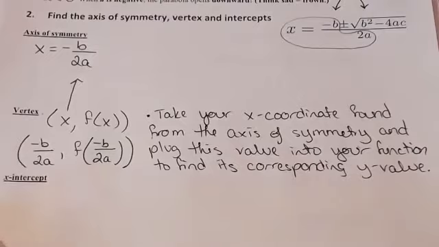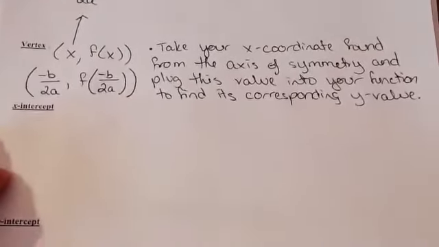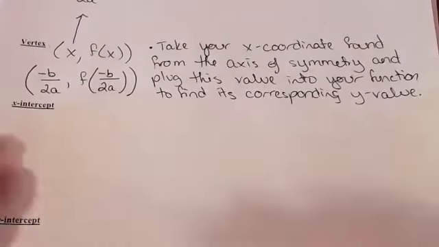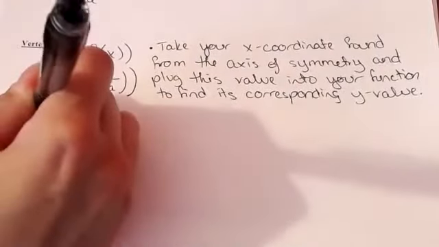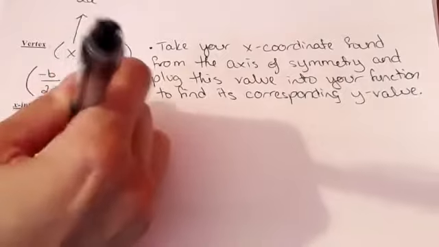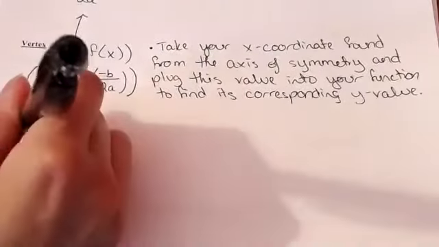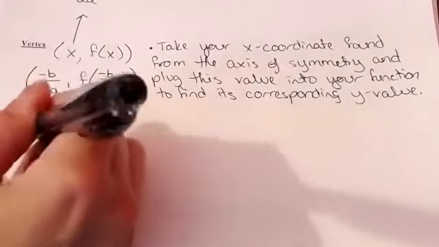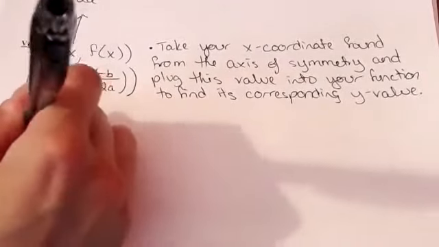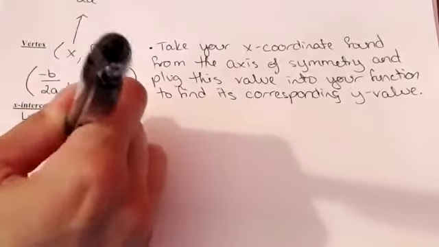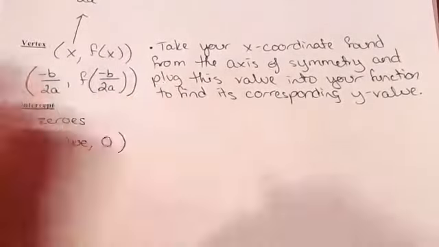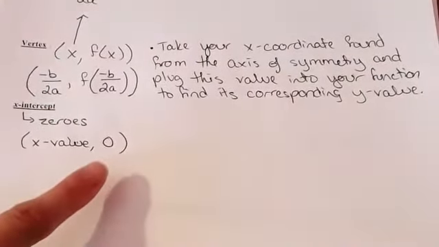In addition to finding your axis of symmetry and then your vertex, you also want to find your x-intercepts. So I want you to think of these as your zeros. We've learned how to find x-intercepts. First off, we can do that by calculating the x value when y is 0, right?